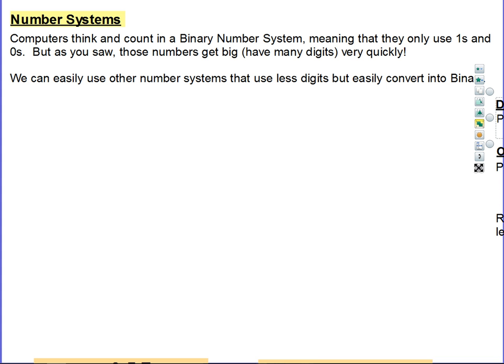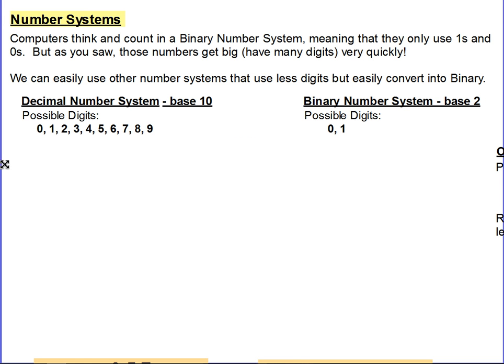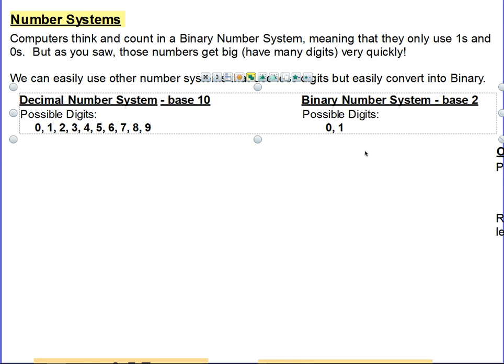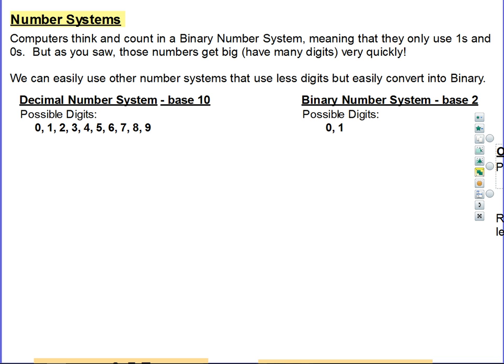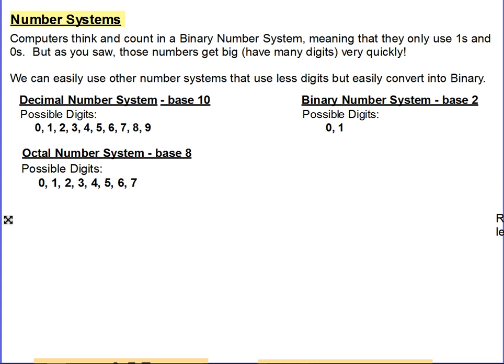So if we review real quick, we have the decimal number system that we talked about. Remember, the base is 10, and the possible digits are 0 through 9. My binary number system, the base is 2, and the possible digits are 0 and 1. And the octal number system is obviously going to be base 8, and my possible digits are going to be 0 through 7.